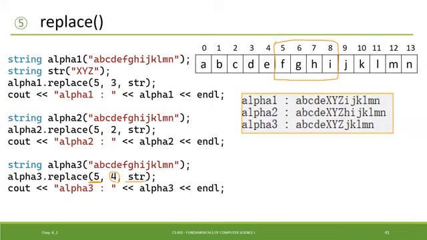Replace the 4 letters with XYZ. Is it okay? So this is the new alpha 3: ABCDE, XYZ, JKLMN. Is it okay? Any question about replace?